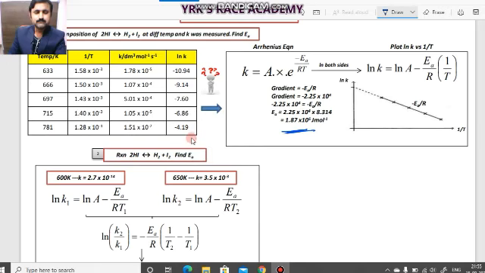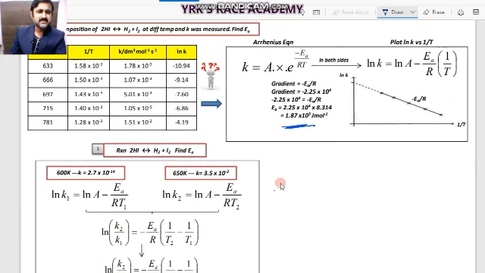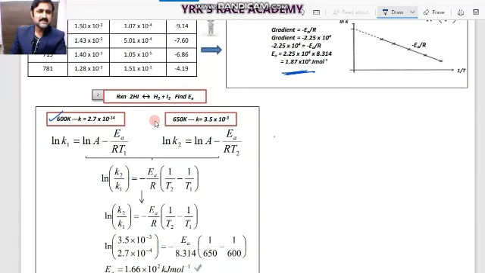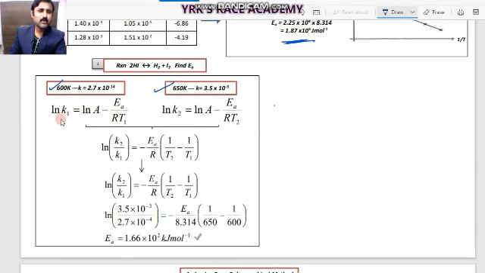Whereas if you see the other one, the hydrogen iodide decomposition reaction, we find the activation energy at two different temperatures, 600 Kelvin and 650 Kelvin. Here they are asking us to find the activation energy. We have done a problem here.